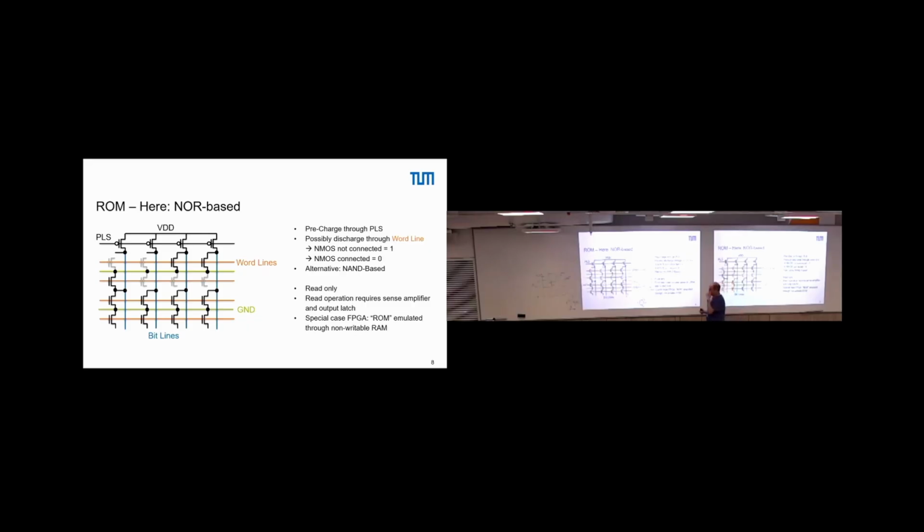That is where it's used. And it's usually quite small because we have only one transistor per cell, plus some sense amplifier and some register. At the end, it's even smaller than the DRAM.